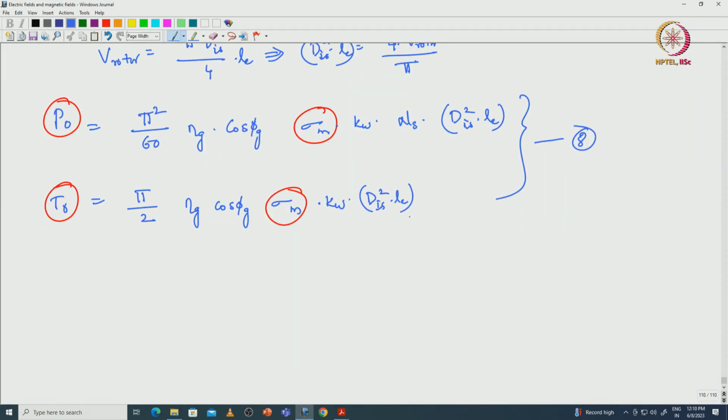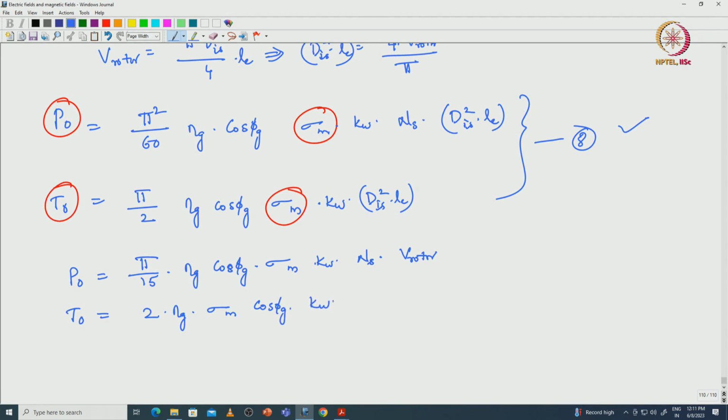So, substitute that in equation 8, then power is equal to pi by 15 into efficiency, power factor, magnetic shear stress, winding factor, synchronous speed and volume of the rotor. And similarly torque equals 2 into efficiency, shear stress, power factor, winding factor into volume of the rotor.